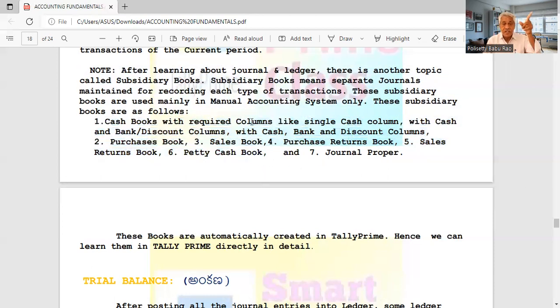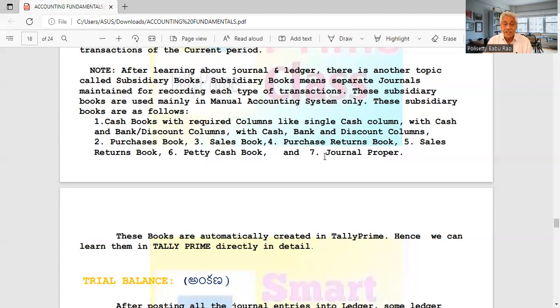We are dividing the journal and maintaining many subsidiary journals. But if you cannot enter a transaction in those, you have to enter it in the original journal. Previously, the journal was one book in which all the transactions were recorded. But now it is one of the subsidiary books, along with the others.